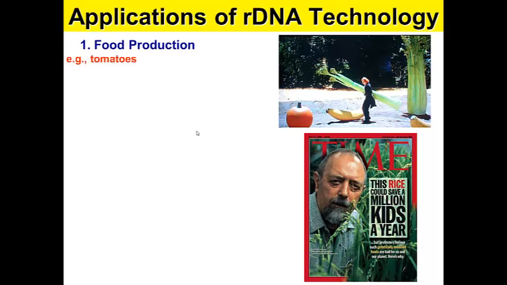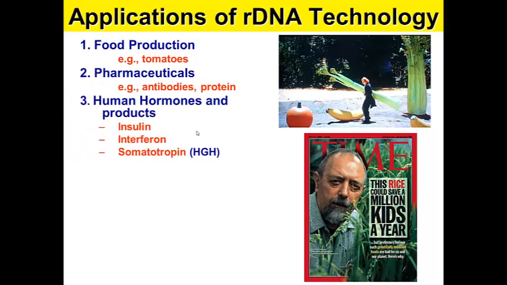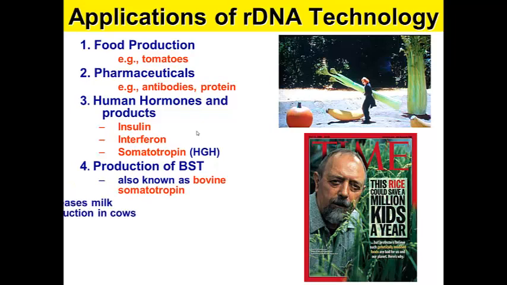The first is food production, so recombinant tomatoes. Pharmaceuticals are another. They produce antibodies and proteins. Human hormones and products such as insulin are produced. Interferon, somatotrophin, or human growth hormone. The production of BSTs, also known as bovine somatotrophin, so that is bovine growth hormone.